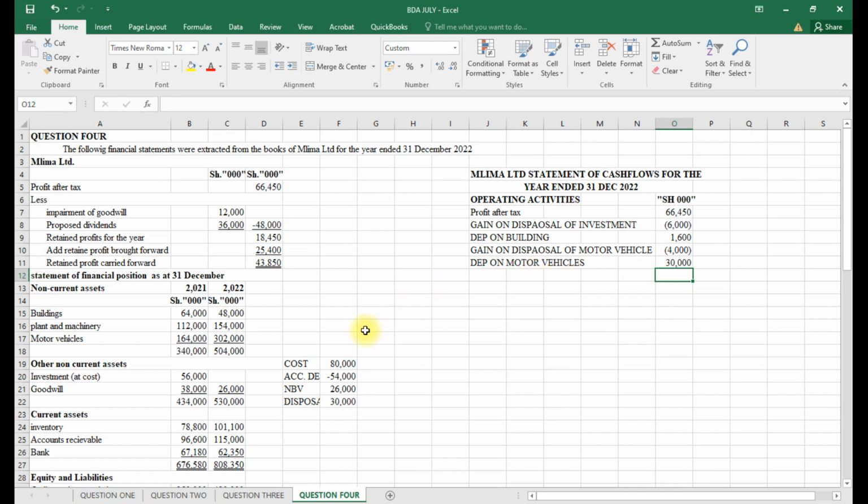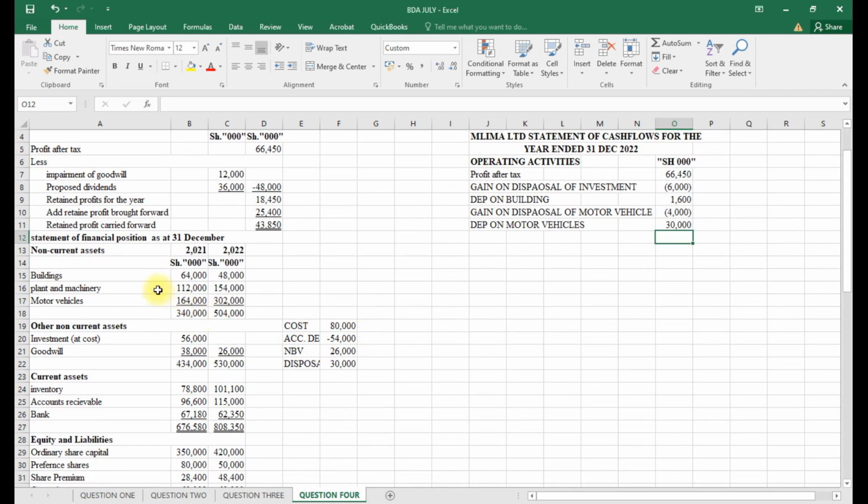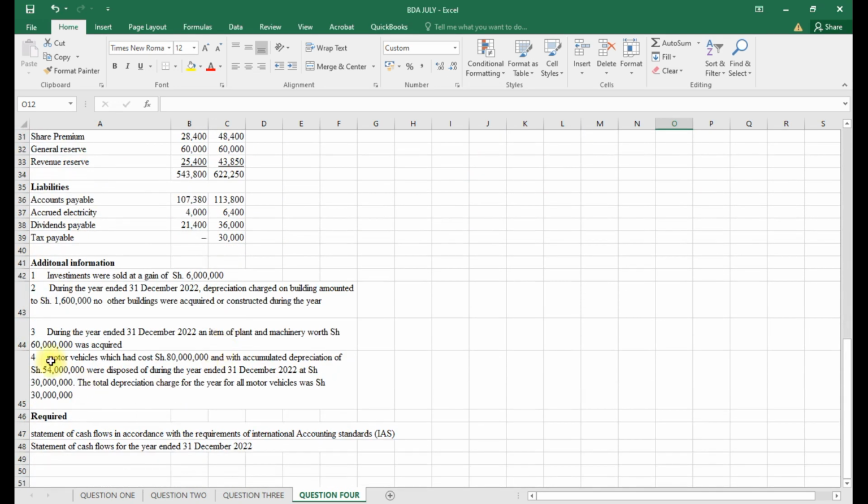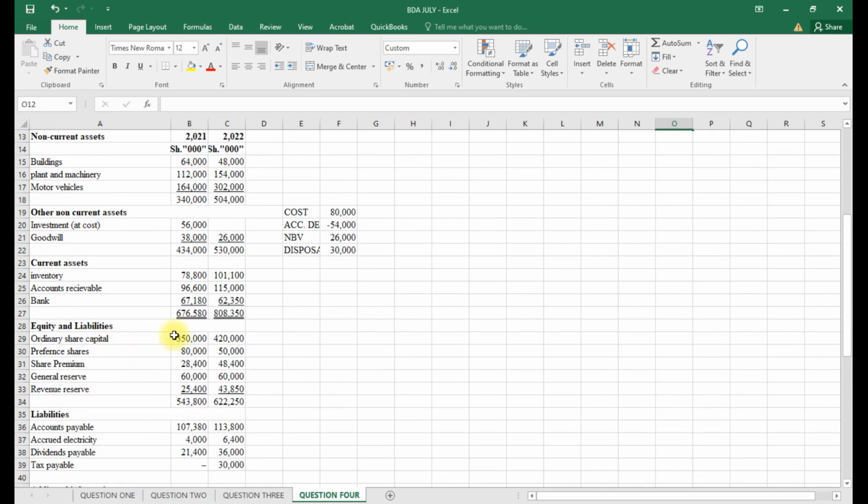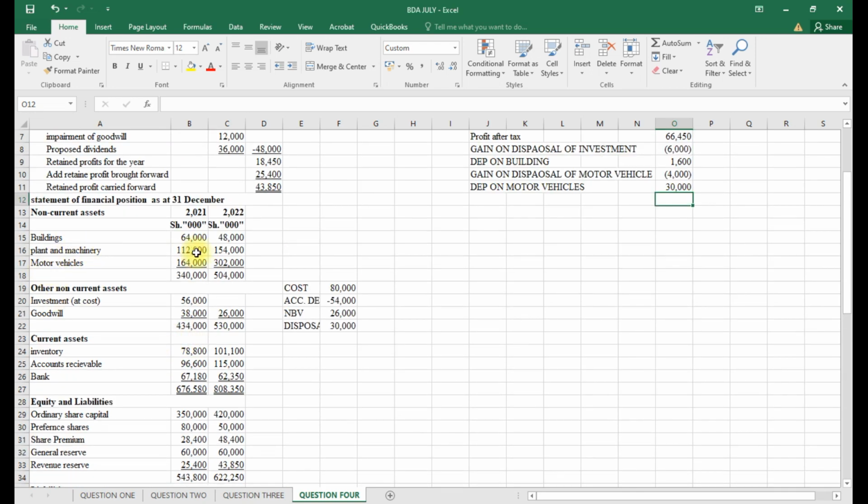For the plant, we are told we acquired, but when you look at this, we acquired 60 in note number 3: during the year ended 1st December, an item of plant and machinery worth 60 was acquired. If we acquired 60 and there was no other disposal of plant, it means the difference will be the depreciation.